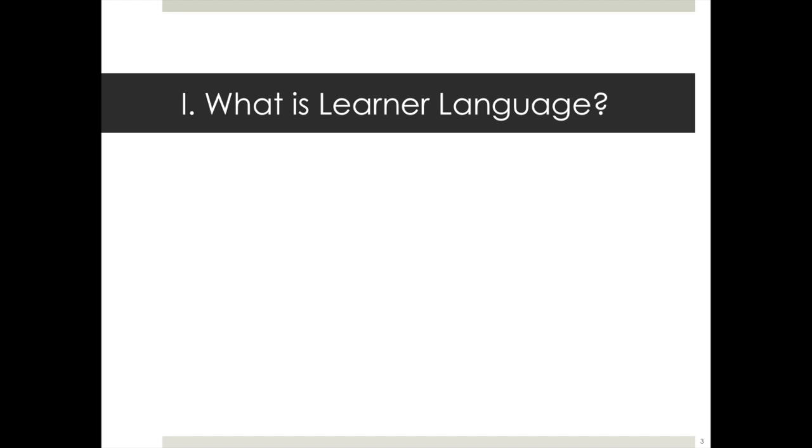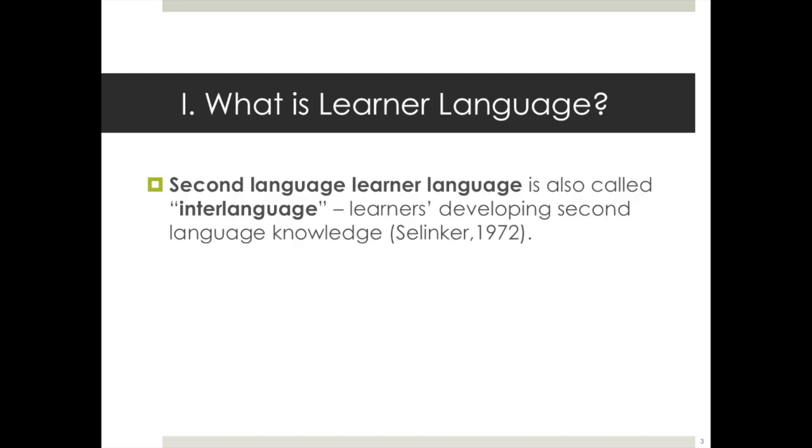So what is learner language? If we go back to the basic definition, learner language was in fact studied through the term interlanguage by Larry Selinker. It is a learner's developing second language knowledge. A very basic definition.